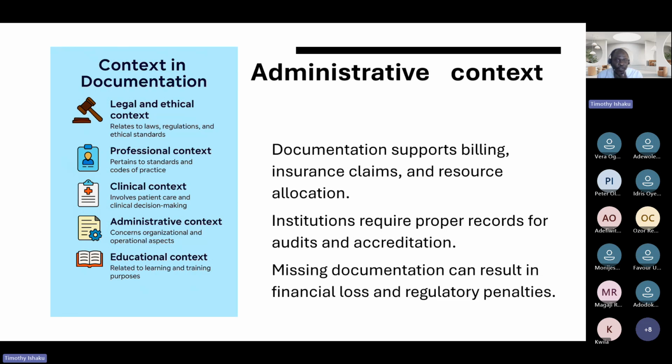So institutions really require proper documentation because that's what they use to claim back if they have a private patient or insured patient on their list. And any misdocumentation can affect their finances, it makes them lose money.